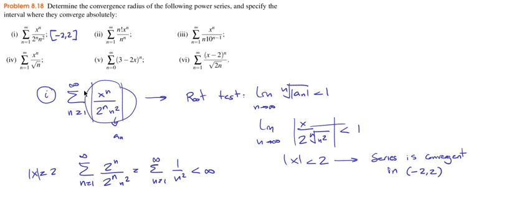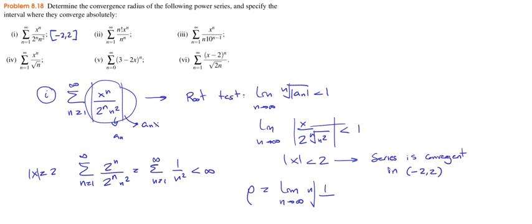Another way to do this is to see that because this is always x to the n, it is going to be convergent in the radius rho, which is the limit when n goes to infinity of the nth root of 1 over whatever is multiplying x to the n.